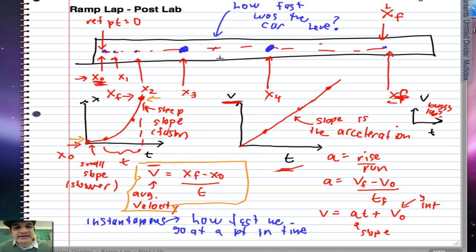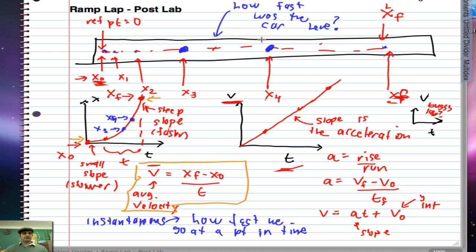For instantaneous, what I'm really saying is, if this were 4 and 3, I'd be looking at like here and saying, okay, if this is x4 and this is x3, I'd actually take those positions, subtract them, and divide by that little tiny interval of time there. That's the instantaneous. We can get deeper for those of you in calculus.